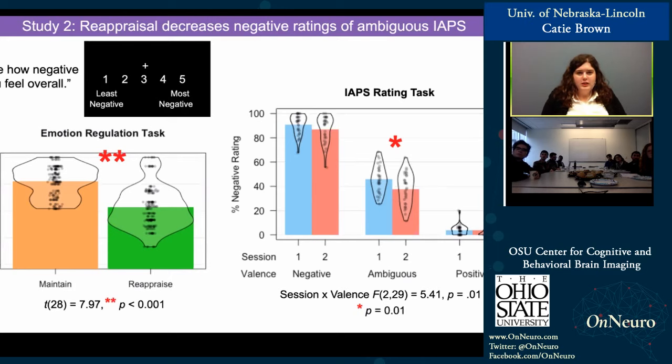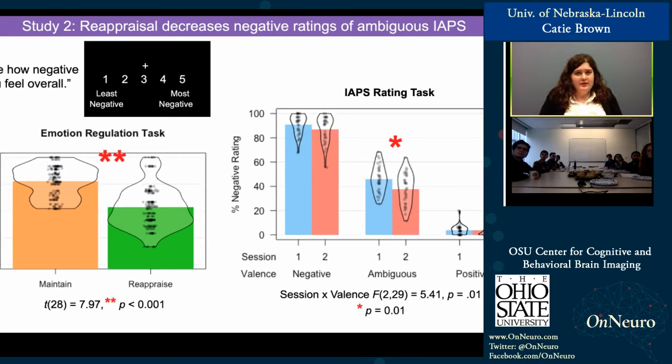However, we were concerned that these results could be influenced by demand characteristics. So we like to think our undergrad research pool is pretty smart. So if we're like, do this thing, how negative do you feel? Do this other thing, how negative do you feel? We might be eliciting some demand characteristics, like they might tune into the fact that we think they'll feel less negative after reappraising.